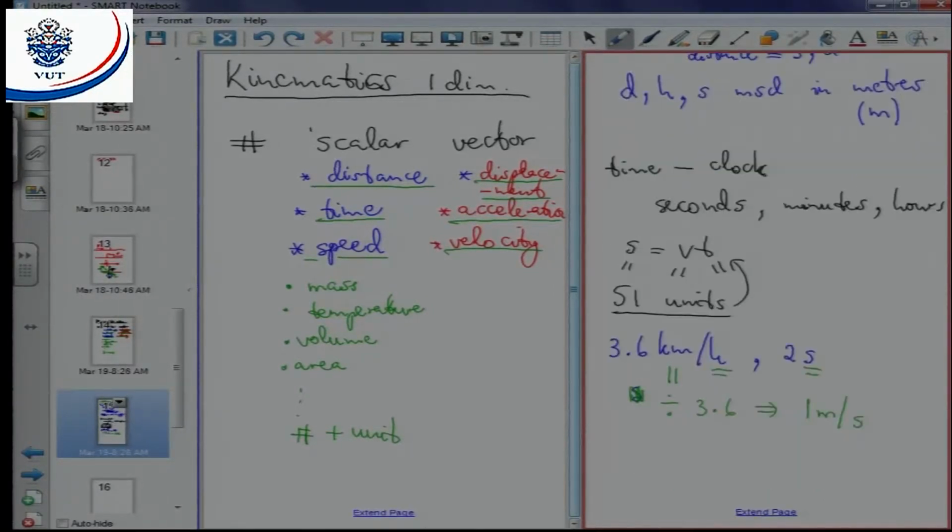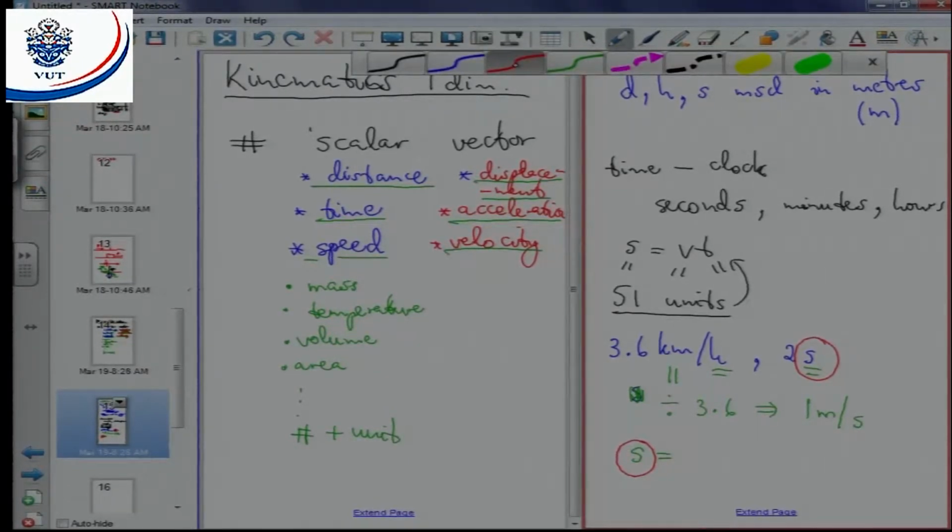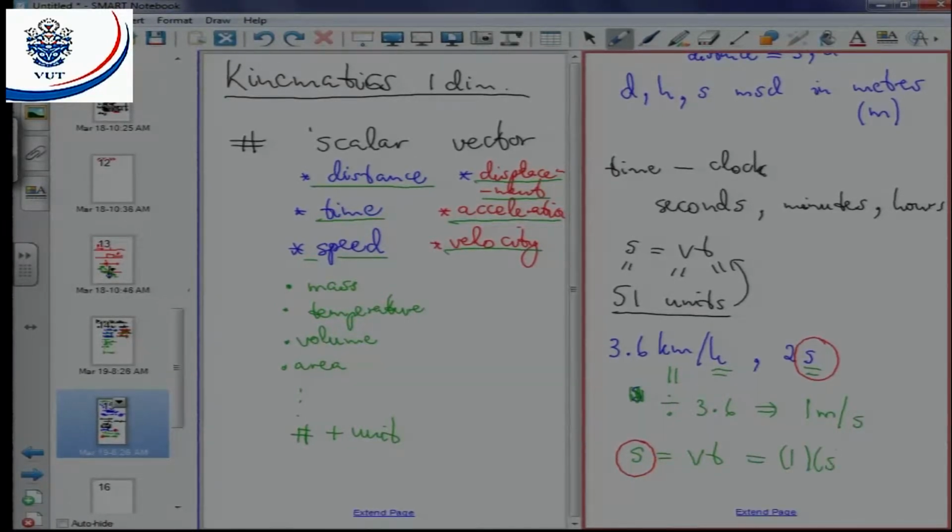And then it's very easy to find the distance s. Do not confuse these two, most people would confuse them. This s is a unit for time, it's in seconds, and this s is for distance, which is one of the examples of scalars. They are not the same thing. So in this case we would get that s equals vt, and v is just 1, and time is 2.